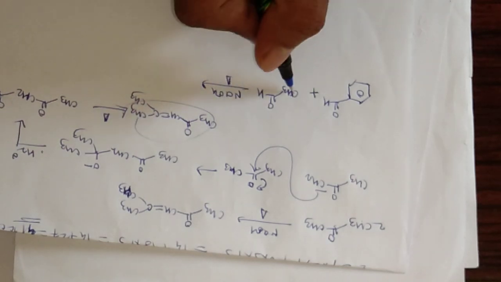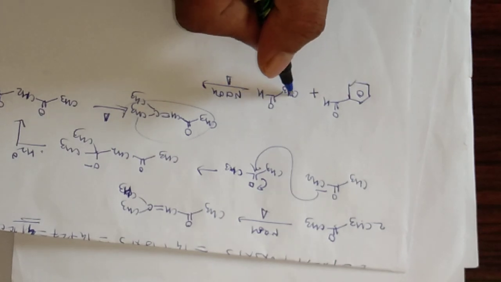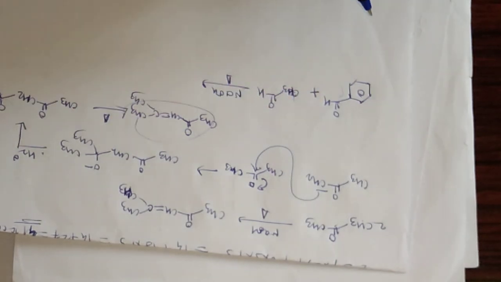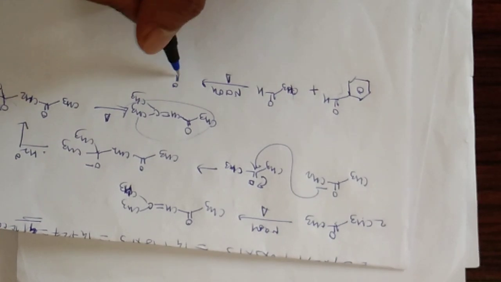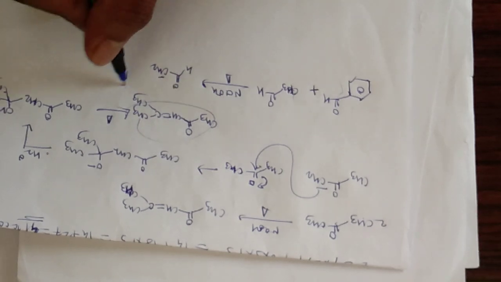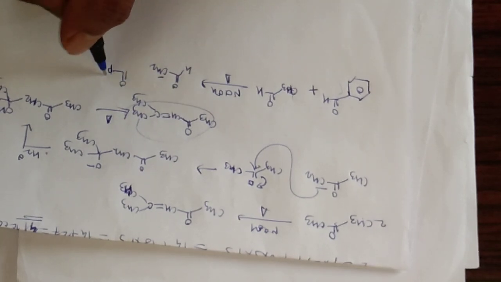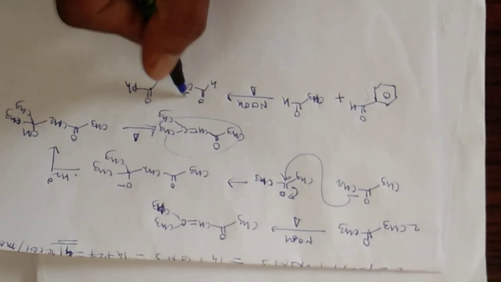So the base will take a proton from that alpha hydrogen, and this carbanion will attack that carbonyl carbon. So how will our product be? CH2 minus will attack, writing the benzene ring shortly as phenyl.